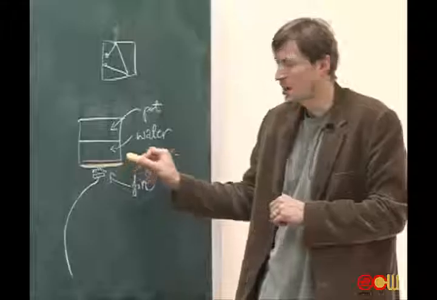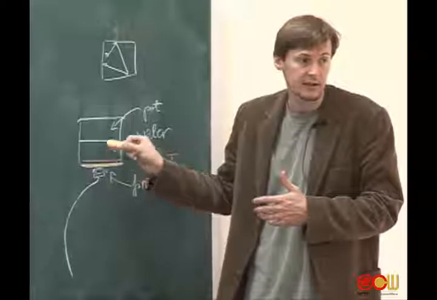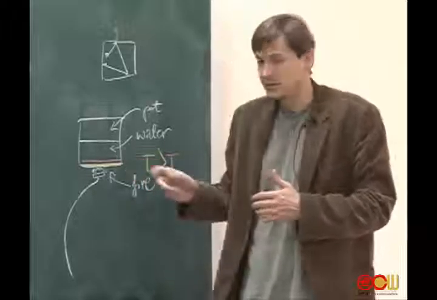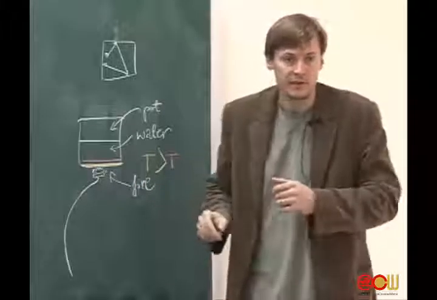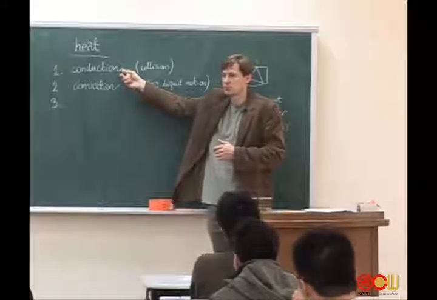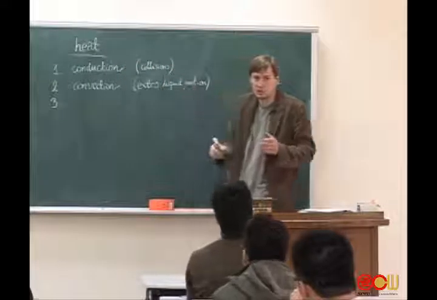So the temperature of the yellow one is higher than the temperature of the red one. It means that the yellow one are moving faster, right? This is the typical conduction mechanism. Nothing new, just by collisions.